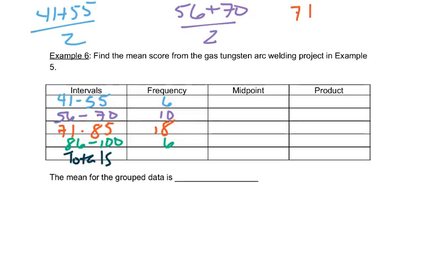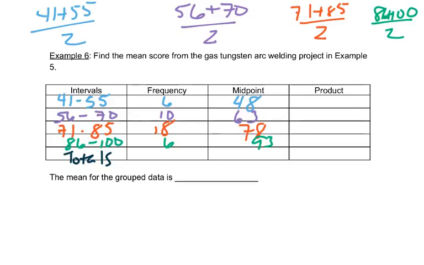The next one we do 71 plus 85 and then divide by 2. And then 86 plus 100 and then divide by 2. So I'm going to pause the video and find those numbers. When we do that, we get 48 and then 63 and then 78 and then 93.